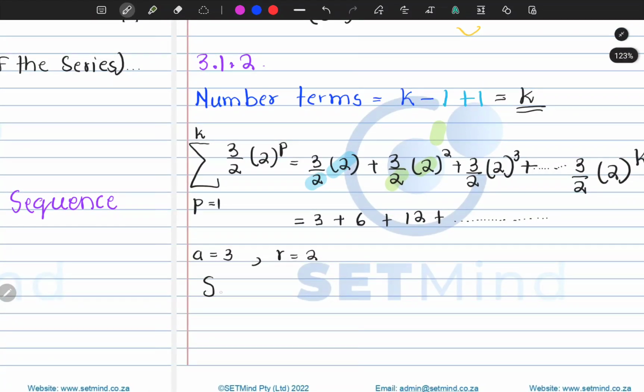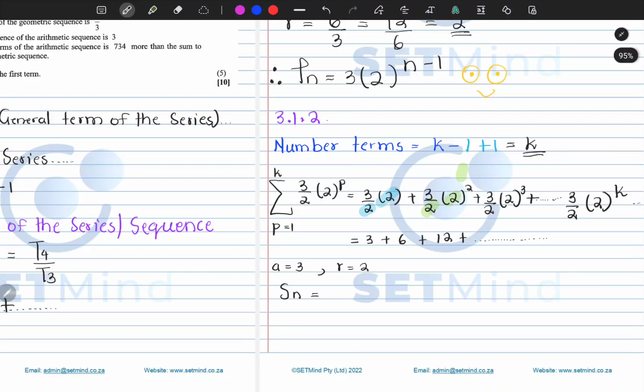So we know that when we are summing k terms, or let's start by putting n so that you become less confused. So if you remember, for a geometric sum, the sum is always given by a into r to the n minus 1, then divided by r minus 1.